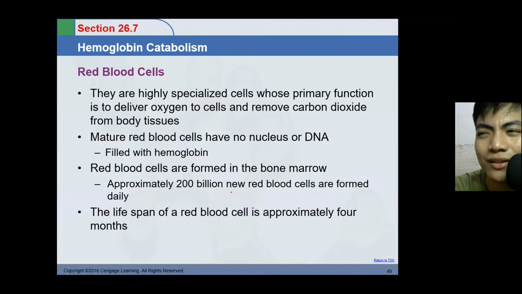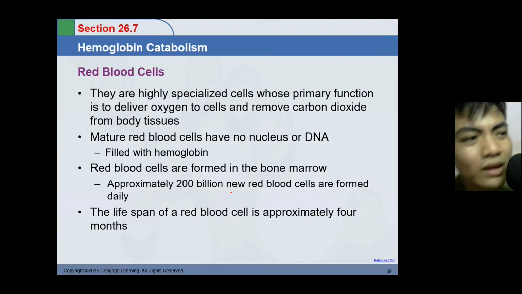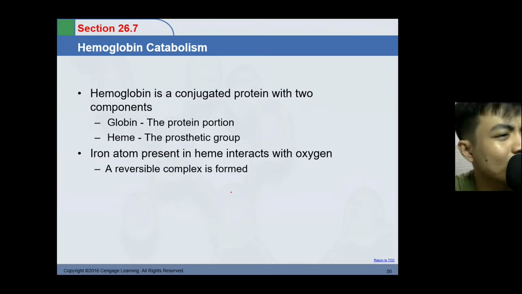So, when destroying our hemoglobin, may onting processes lang, that can be used so that makagawa ulit tayo ng panibagong products. And apparently, look at our body. Kapag nagkaroon ng destruction of our molecule, the byproducts can be reused by the body. Okay? So, the hemoglobin is a protein that is composed of the globin, which is the protein portion.